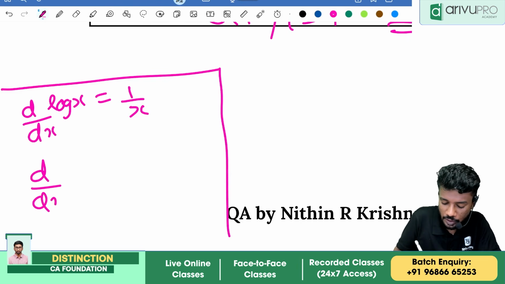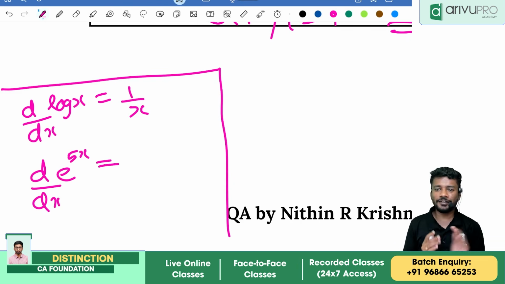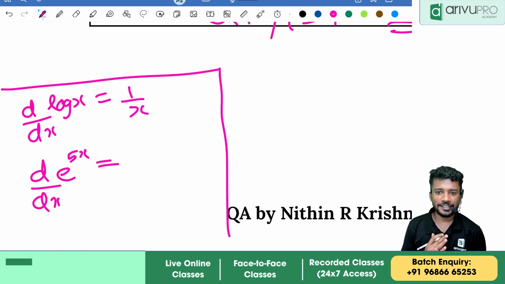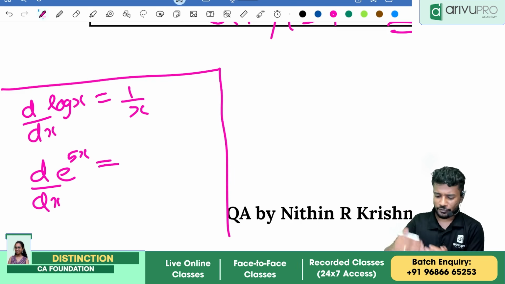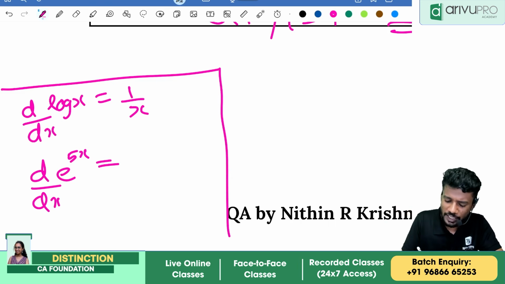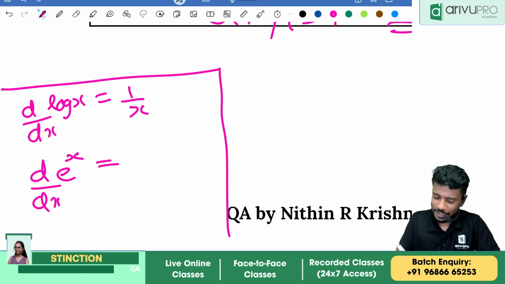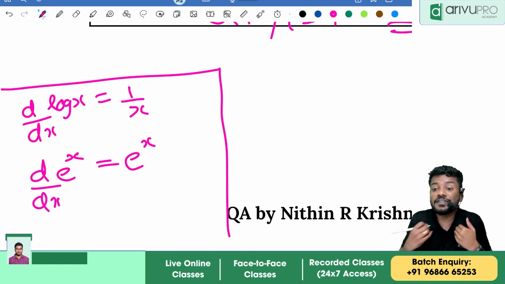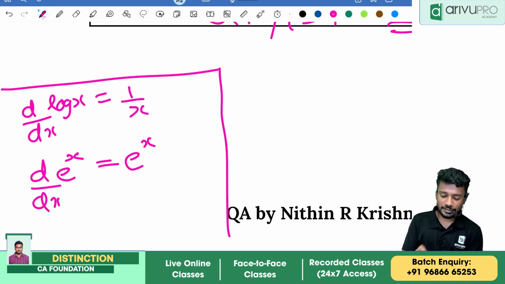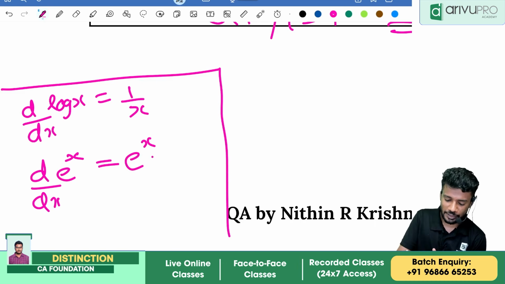Then what is the derivative of e raised to 5x? I'll give you a spoiler for the coming topic. Now, whenever we write e raised to x, we are writing it as e raised to x. But I will say it in a different way. That is nothing but e raised to x into dx by dx.